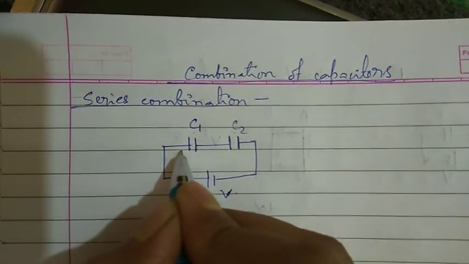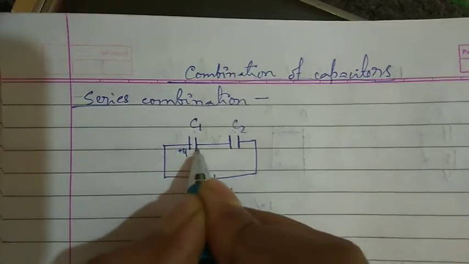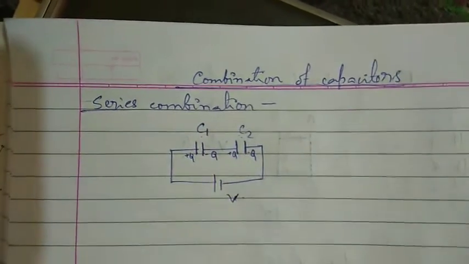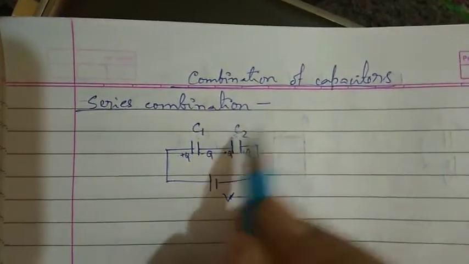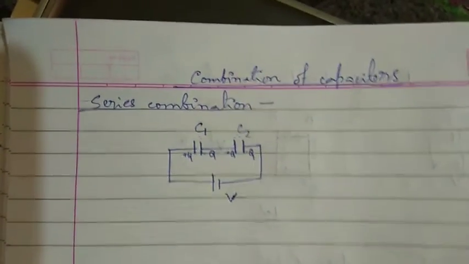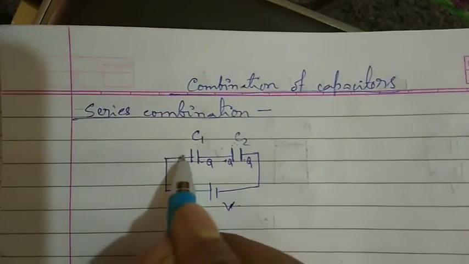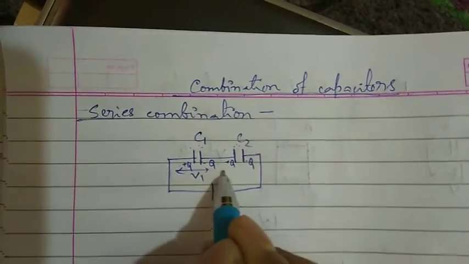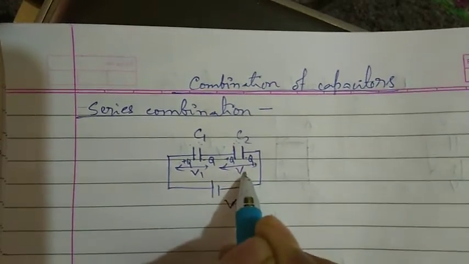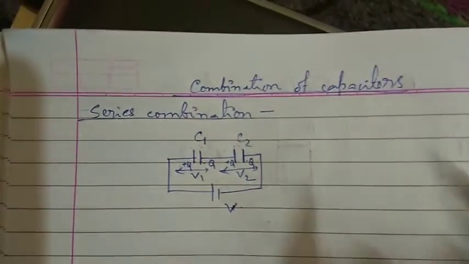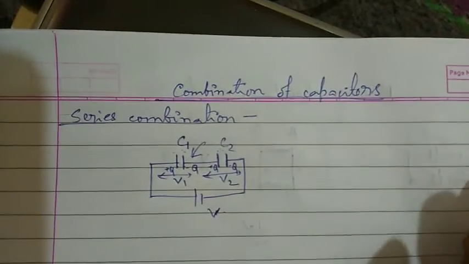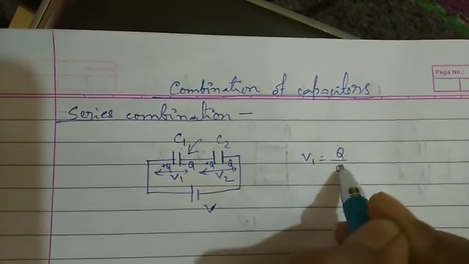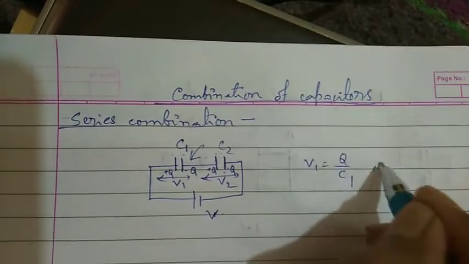So say this plate is plus Q, this will be minus Q, and this is plus Q, this is minus Q. So in simple words, both the capacitors will have the same charge when they are connected in series. And suppose the potential difference across this capacitor is V1 and that for this capacitor is V2. So for this capacitor we can write V1 equals Q by C1, and for the second capacitor V2 equals Q by C2.